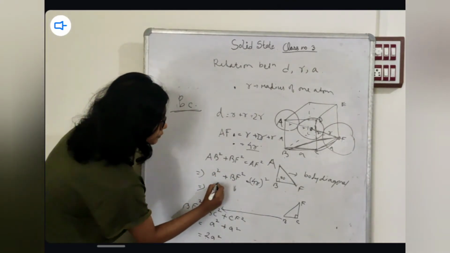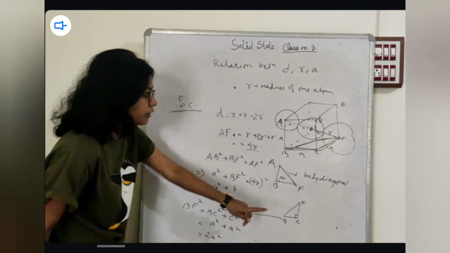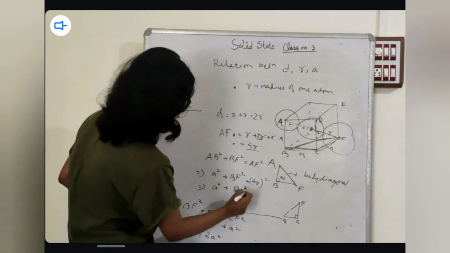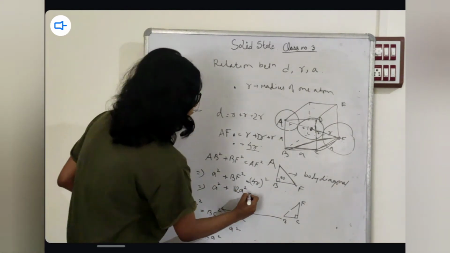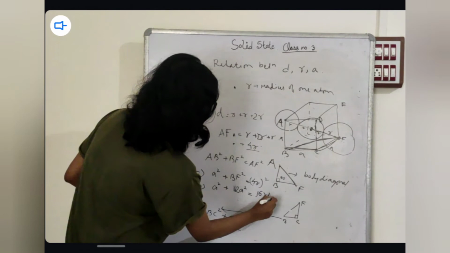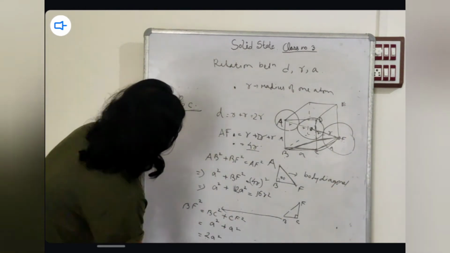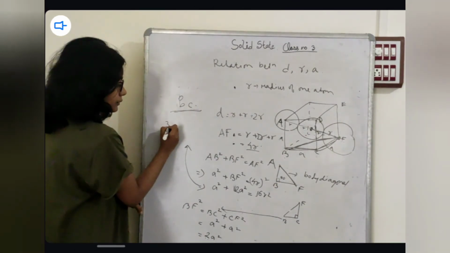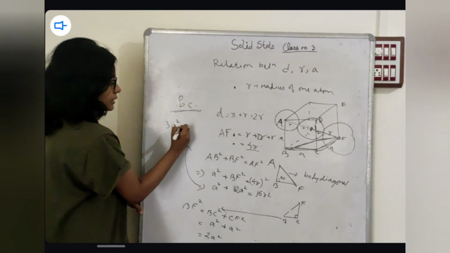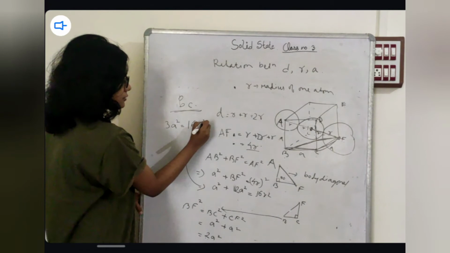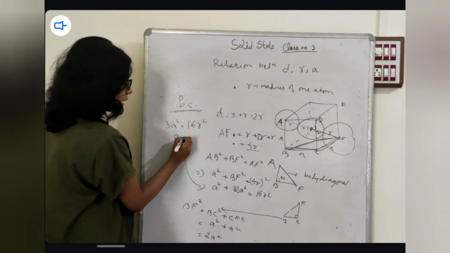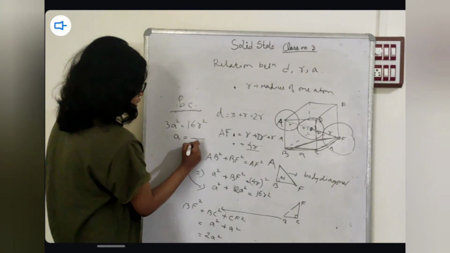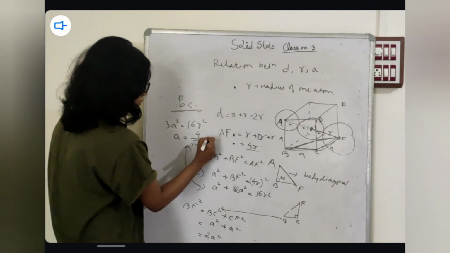So putting the value of BF square from this triangle, we know that 2A square plus A square, that is 3A square, is equal to 16R square. Therefore, A is equal to 4R by root 3.